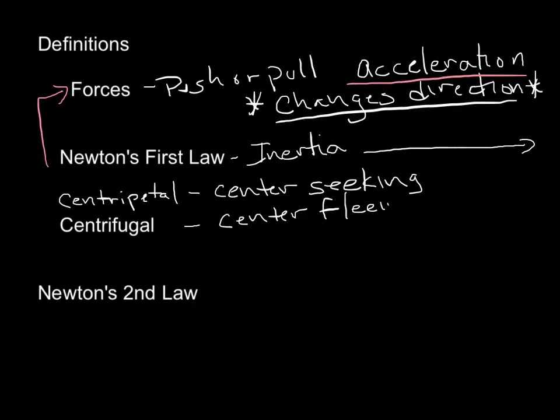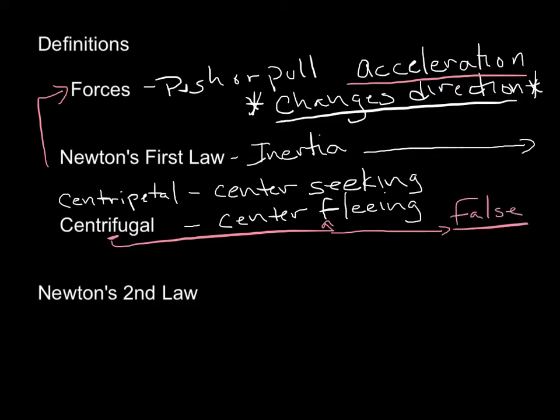Now I remember the difference between these two because I noticed that centrifugal has an F in it, and so does the word fleeing. So centrifugal is the fleeing force. I also remember it because centrifugal is also a false force. It is not a real force. It only exists in a certain frame of reference.